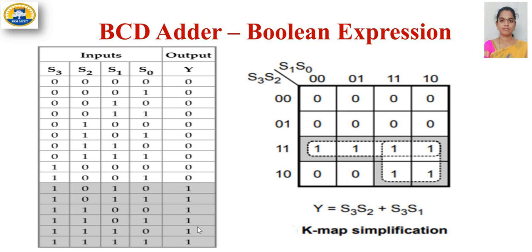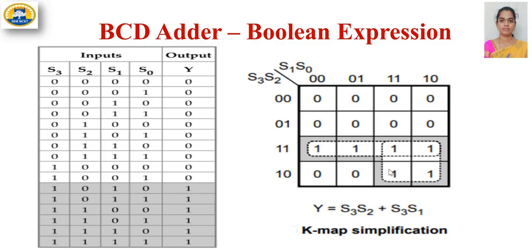For the output Y equal to 1, we need a Boolean expression. For that purpose, we are using K-map simplification. Here the inputs are S3, S2, S1 and S0. There are 4 variables here, so we use a 4-variable K-map. In this 4-variable K-map, we are placing the ones: for 1010 row and 1010 column, we are placing 1.